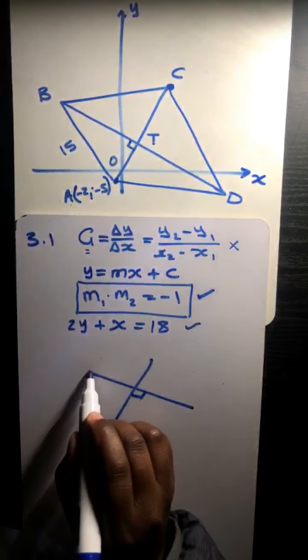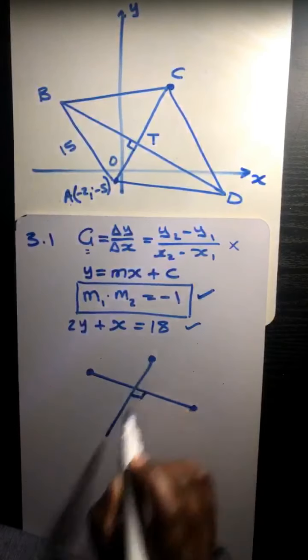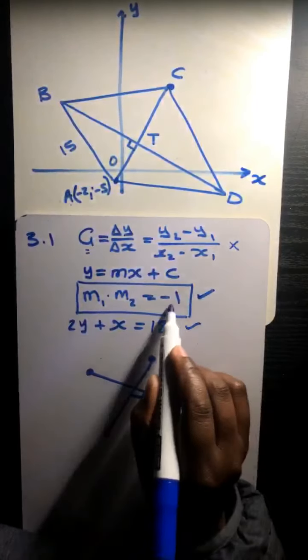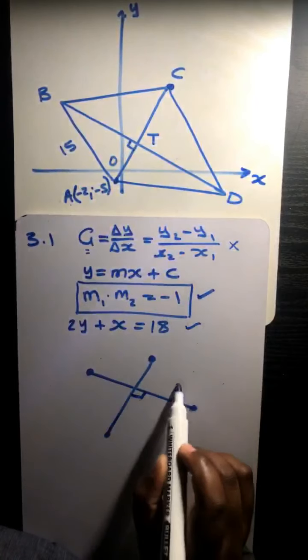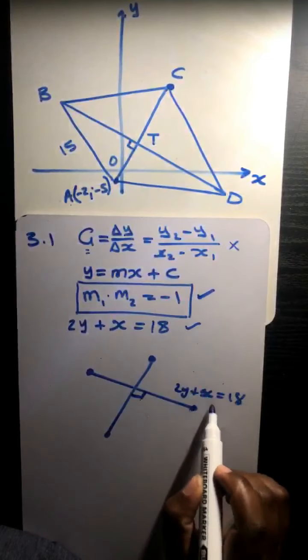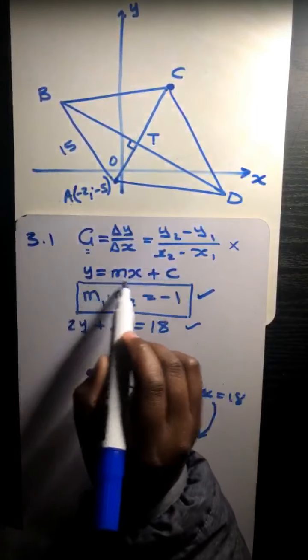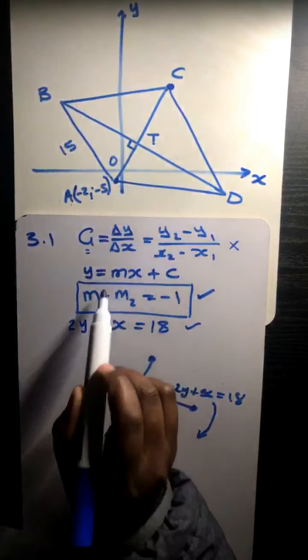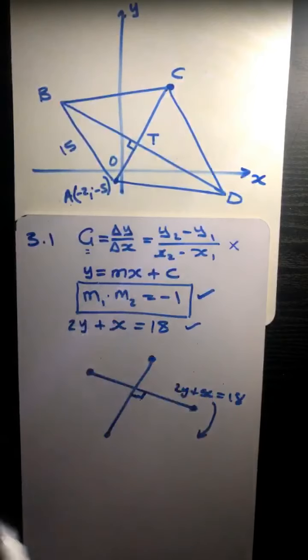That means the gradient of this line, when you multiply it with the gradient of this line, you will always get -1. Because we know the equation for this line, 2y plus x equals 18, we are just going to rewrite it in standard form so that we know exactly what the gradient is. Then we substitute it into this formula, and we easily solve.